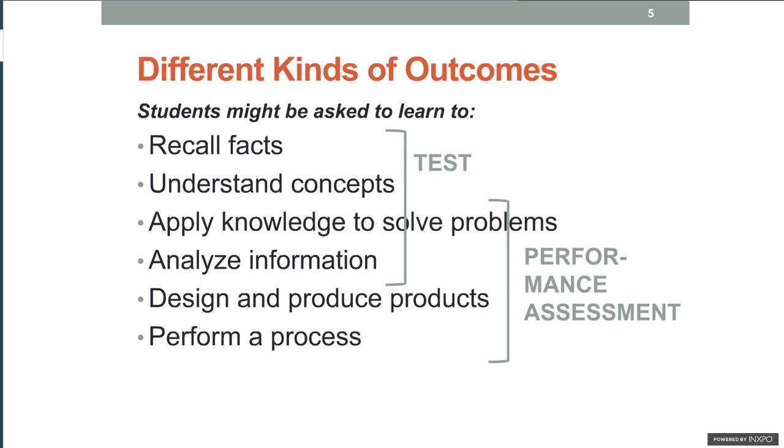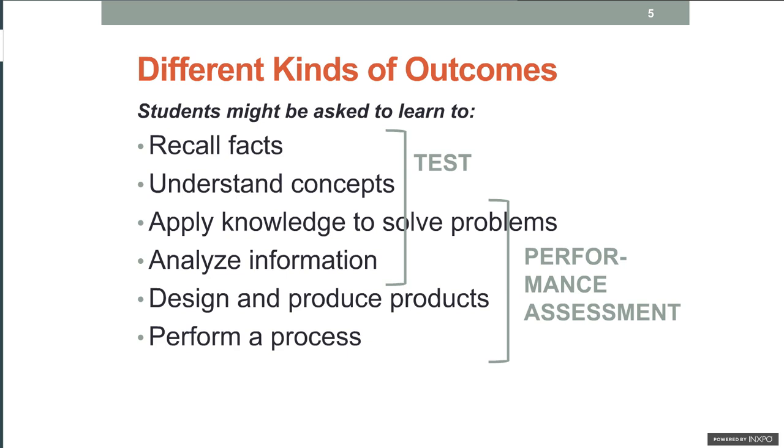If students need to actually design something, for instance, if you are trying to teach students how to create a certain kind of writing, or how to design, in a science class, a certain kind of machine that actually works and does something, or if you want to teach students to perform a process like using a computer program or keyboarding or using a library electronic card catalog, then you pretty much are stuck with performance assessment.